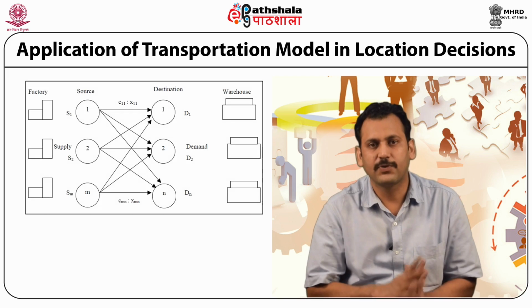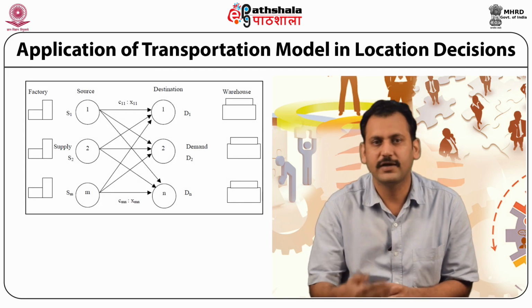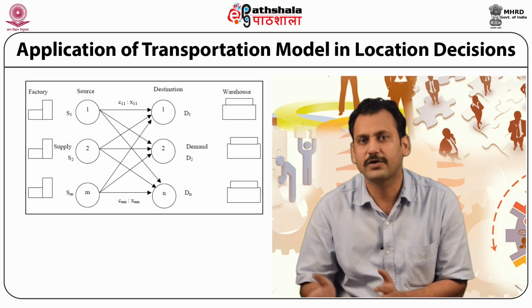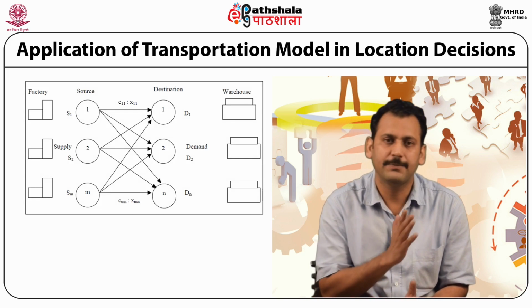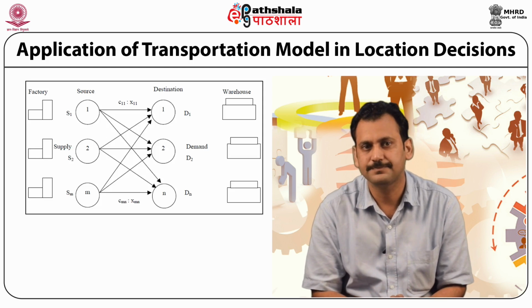Application of transportation model in location decisions. The transportation model can be used to evaluate the feasibility of various locating alternatives by comparing each alternative in terms of their transportation cost.